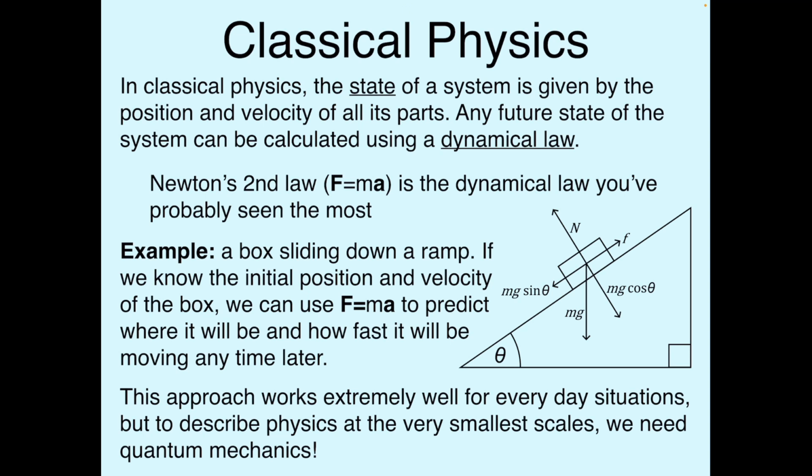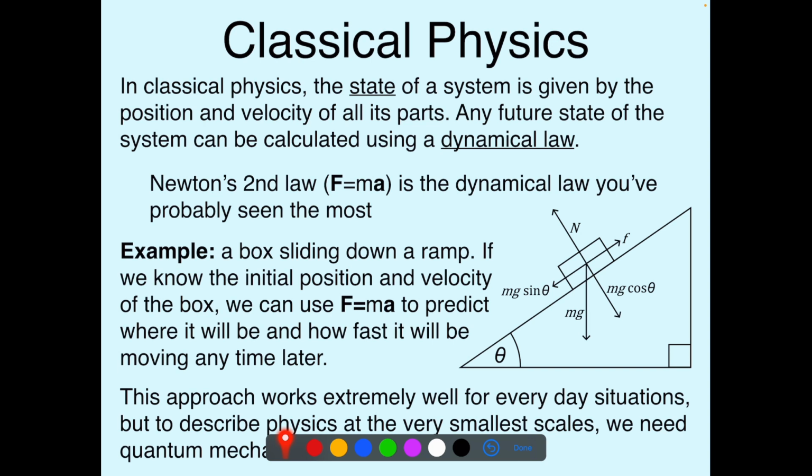So to introduce this idea, let's contrast where we're going, which is to study quantum mechanics, quantum physics, with classical physics, which is basically the physics you know up until this point. So in classical physics, the state of a system is given by the position and the velocity of all its parts. So you have different objects, they have different positions, they have different velocities, but if you know all the positions and all the velocities, you basically know everything there is to know about that system at any given moment in time.